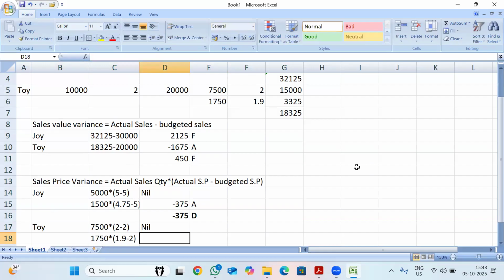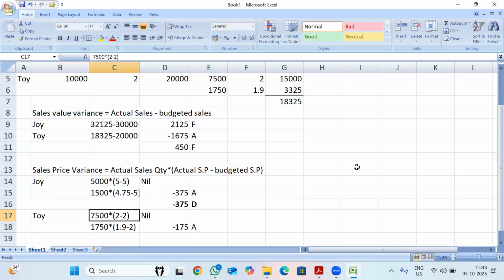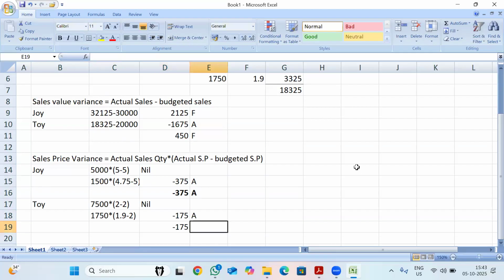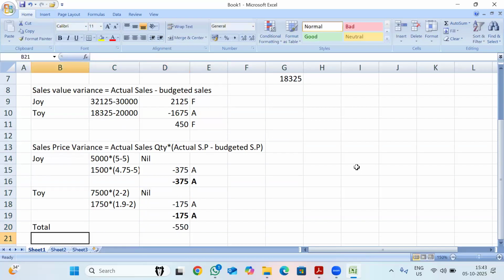So 0.1 is my variance here. So 175 is adverse. So here my total will be 175 adverse. So as a company as a whole, the total variance will be 550 adverse.